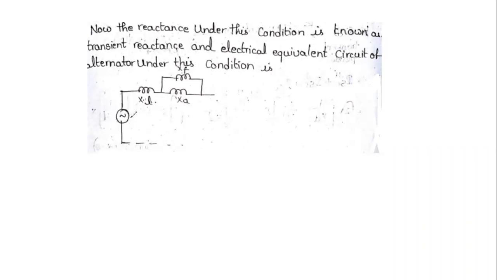That's why the diagram is replaced like this under short circuit conditions. This is XL, XA and XF, where XF is the field winding reactance, XL is the leakage reactance and XA is the armature reactance. The damper winding reactance is neglected, so we represent only the armature connected in parallel to the field winding.